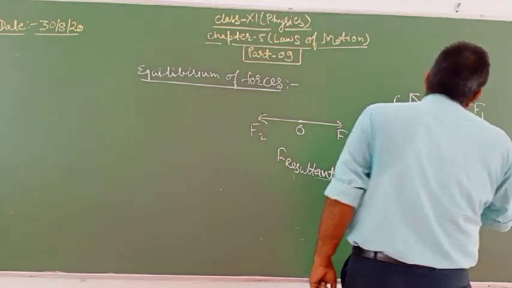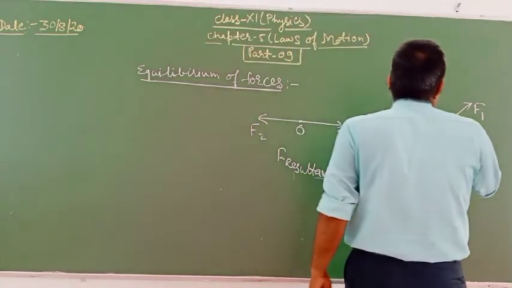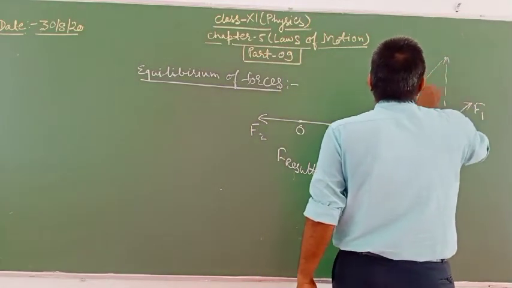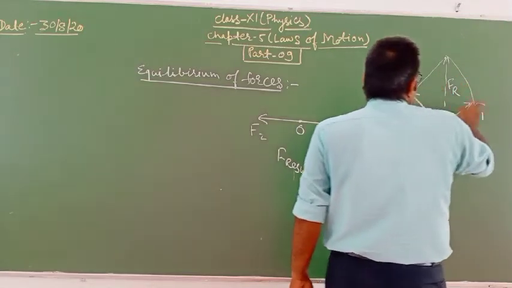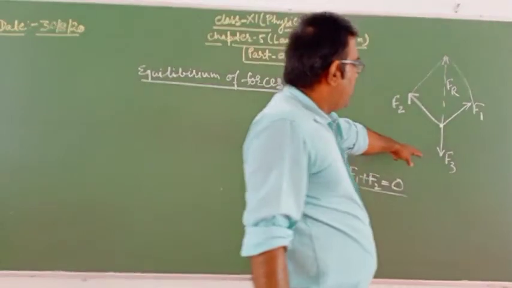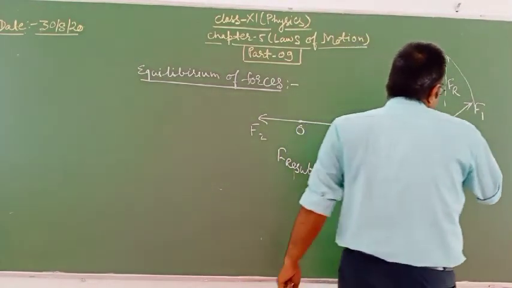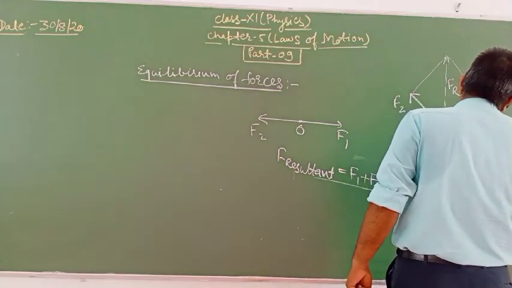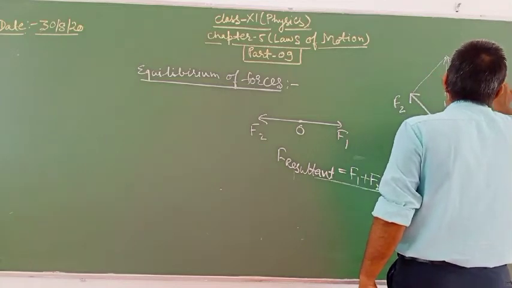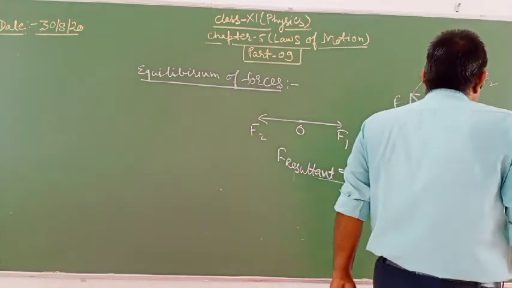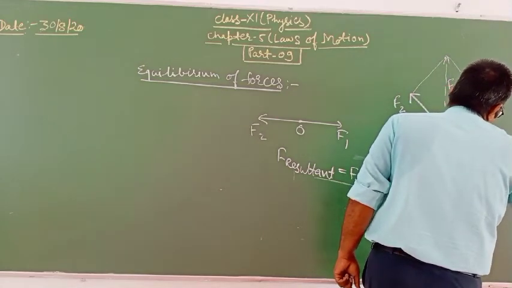We supposed that the resultant of the forces F1 and F2 is equal and opposite to the force F3, in such a way that F1 plus F2 plus F3 is equal to 0.